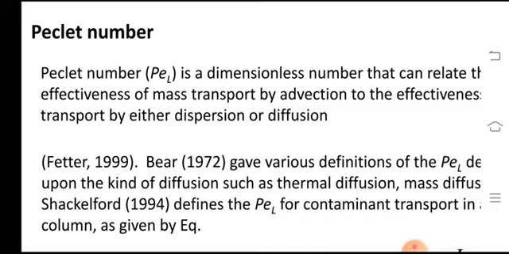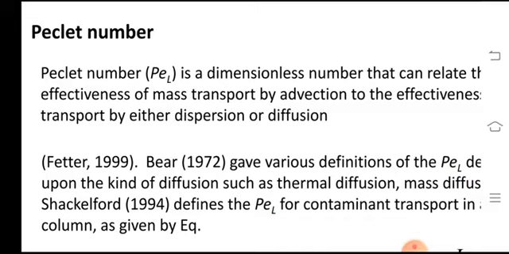It was about the double derivative with respect to distance as well as time. So it's all about the mass transfer from one place to the other, from one phase to the other, and that phase is actually the liquid phase to the solid phase, and this shift is going to be describing our sorption behavior.